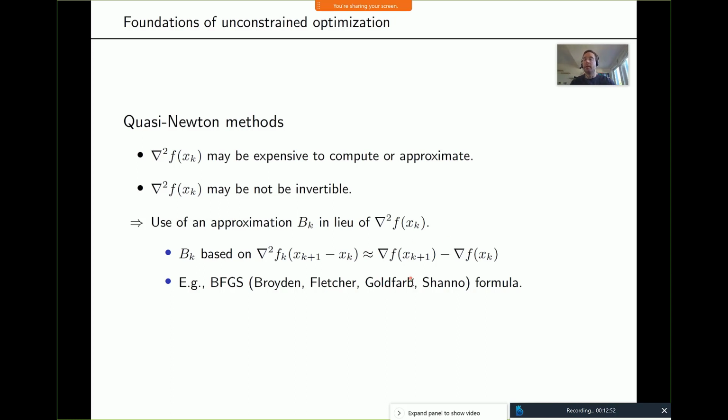And then there are many variants, and we're obviously not going into the details here. One thing that you see sometimes is this BFGS, so Broyden, Fletcher, Goldfarb, Shanno formula. If you, for example, have looked into SciPy optimize, then one way you can use quasi-Newton methods is based on this BFGS formula.